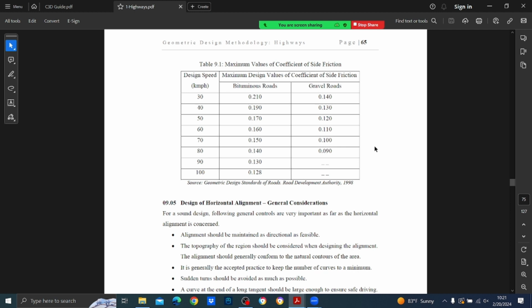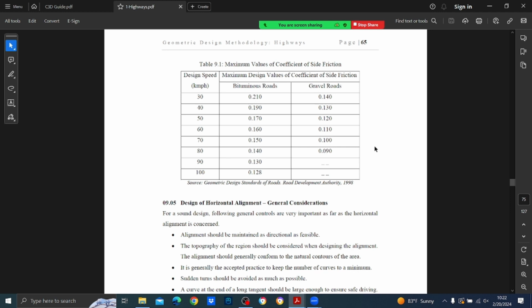Usually we use the HCM. What is that? Highway Capacity Manual. Have you heard about the Highway Capacity Manual? It is American. For the signal calculations and the level of service, we use the Highway Capacity Manual. That is the American version.